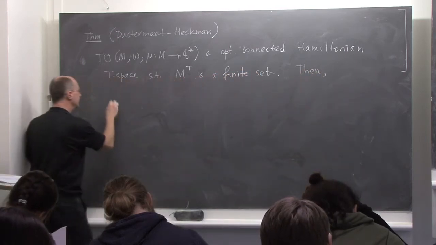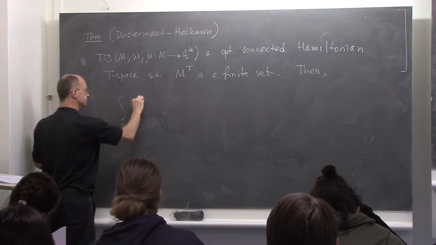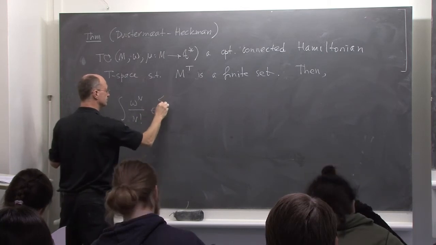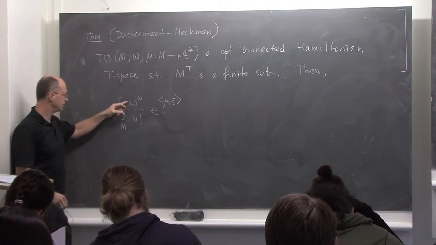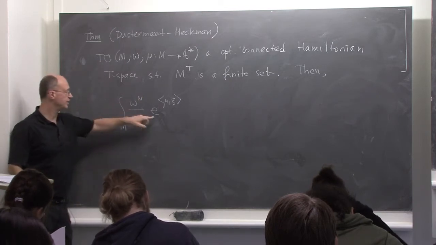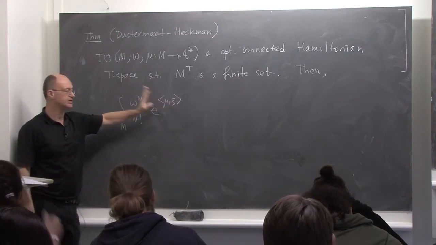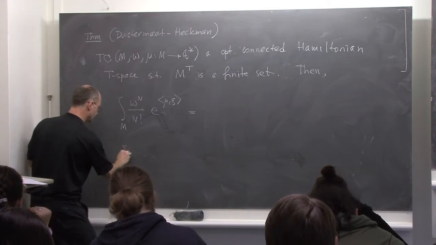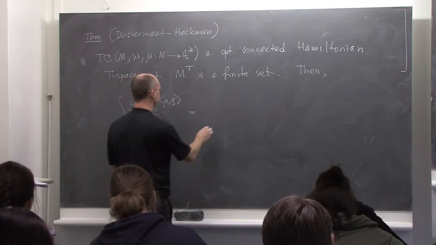So then there is the following formula. For the integral with respect to the Liouville measure of the exponential function, exponential of mu psi, and we'll discuss what psi is in a second. So psi, in any event, psi is an element of T, but there will be some further conditions on it.